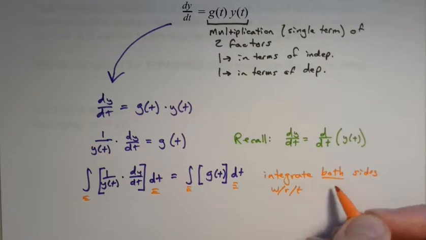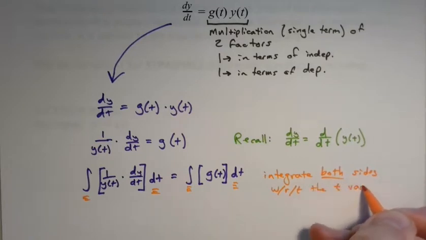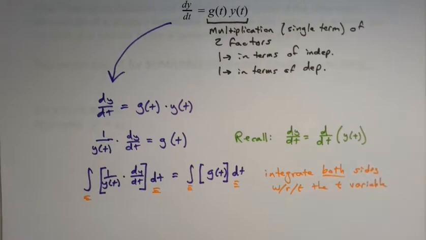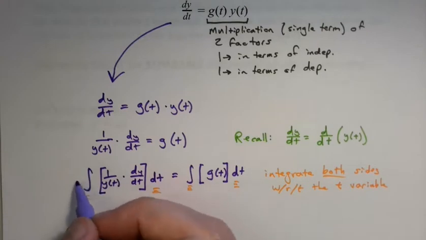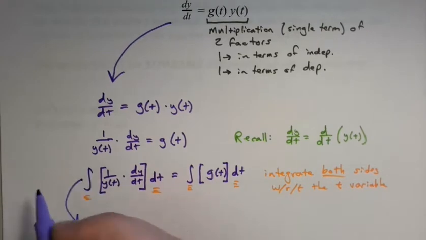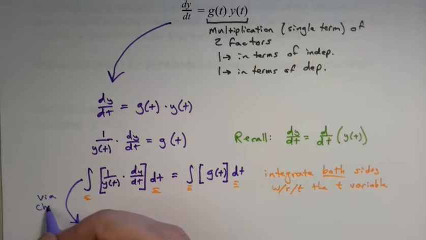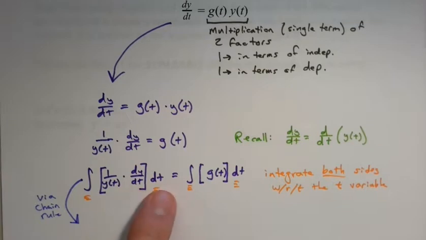We could have integrated both sides with respect to y, but it wouldn't be terribly helpful for us, because on the left-hand side, thanks to the chain rule, this thing becomes something else. We're integrating the derivative of y with respect to t, with respect to t.